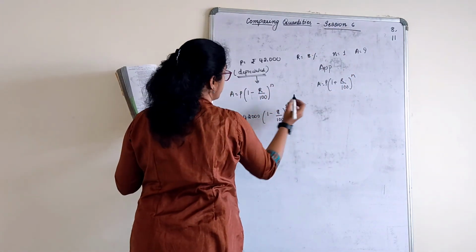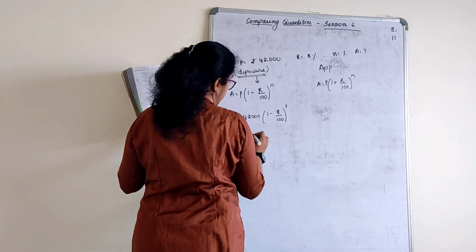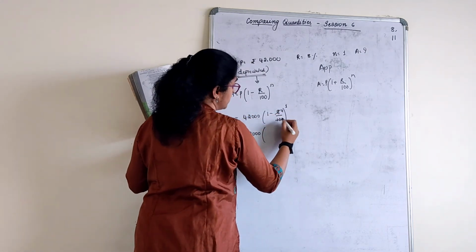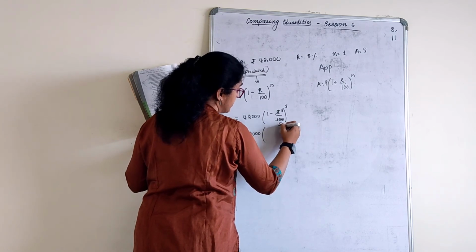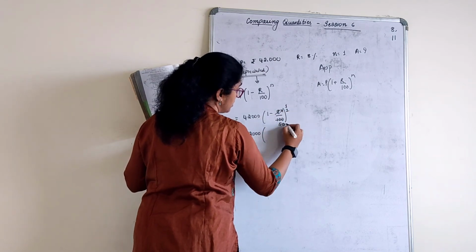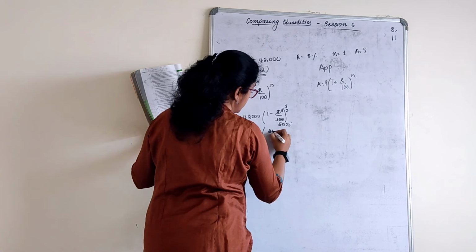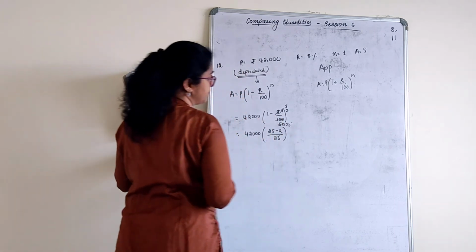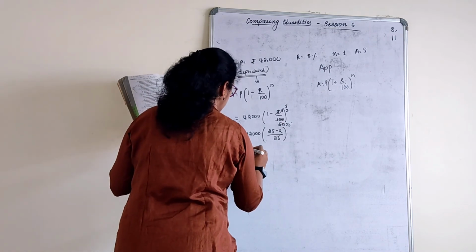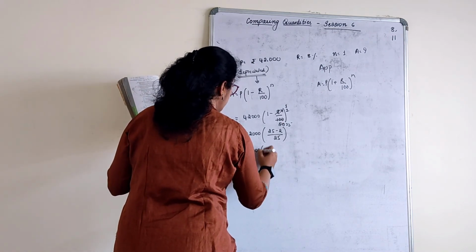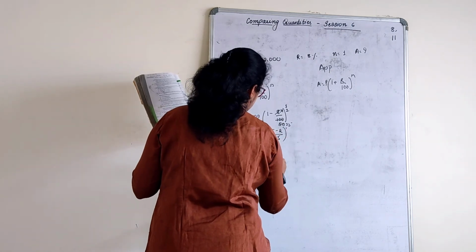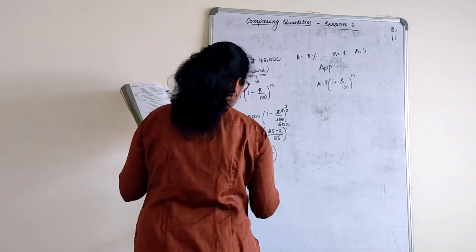It is 1. 42,000 of, 2 fours are 8, 2 fives are 10, 0, 2 twos are 4, 25s. So this is 25 minus 2 upon 25. 42,000 of, raised to 1, 23 upon 25.